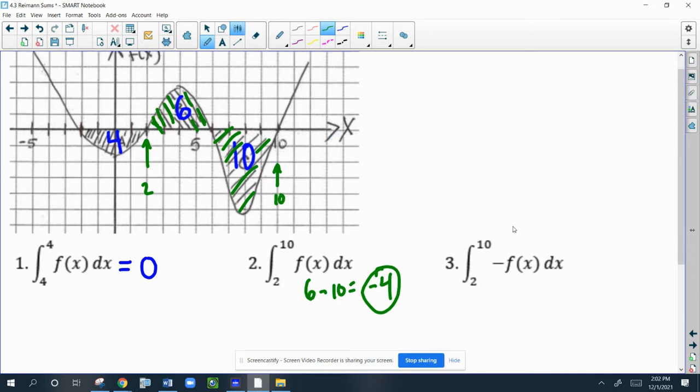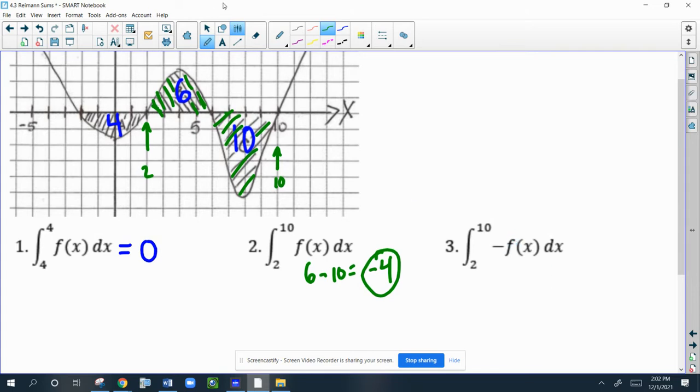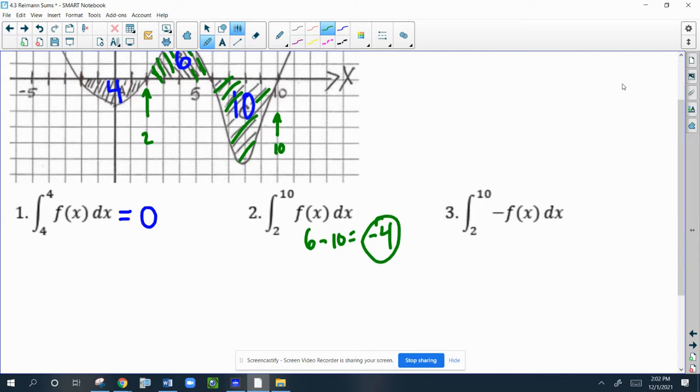The third one, the integral from 2 to 10 of this. So this is going to be kind of easy since we just did question number 2. Negative f of x would flip this whole graph upside down. But you don't have to look at it that way because one property for integrals is we can factor out a constant. So that negative in front of the x is like a negative 1, so it's a constant.